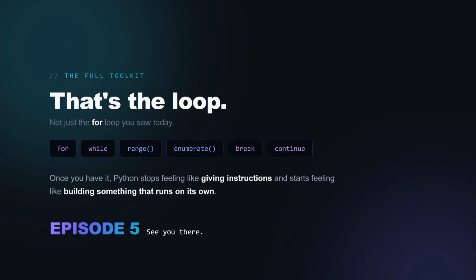That's the loop. Not just for loop you saw today, but while, range, enumerate, break, and continue. The full toolkit. And once you have it, Python stops feeling like you're giving instructions and starts feeling like you're building something that runs on its own. Episode 5. See you there.